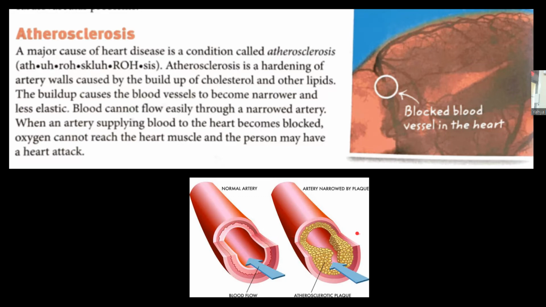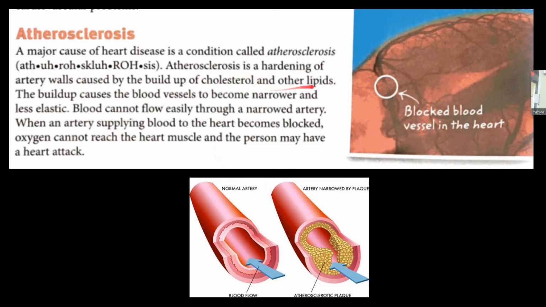The artery on the right is filled with all kinds of junk inside of here. And so blood has a very difficult time going through this artery. So this kind of junk is called plaque. And so when this builds up, this damages the artery and stops blood from going through quickly. So what is this plaque made of? It's made of cholesterol and other kinds of lipids.